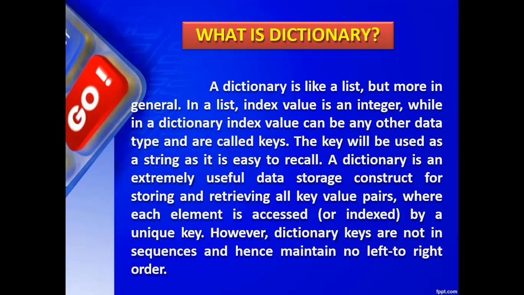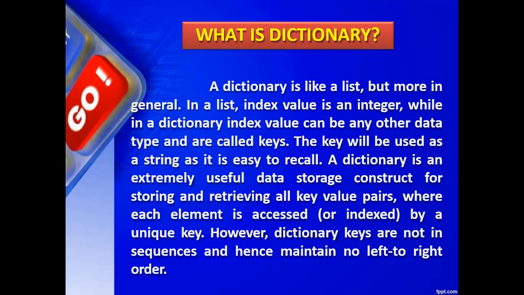A dictionary is like a list, but more general. In a list, the index value is an integer, while in a dictionary, the index value can be any other data type and is called a key. The key will be used as a string and it is easy to recall.